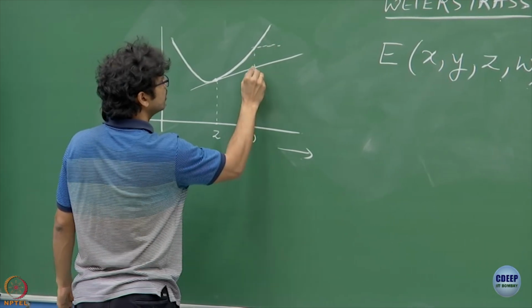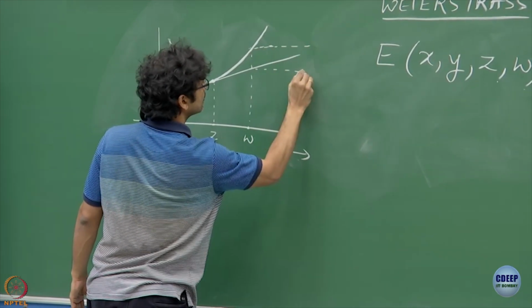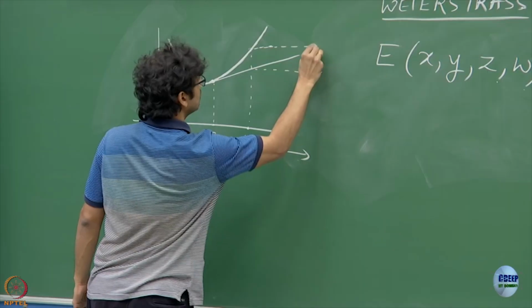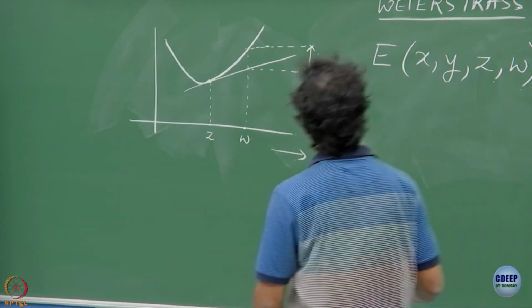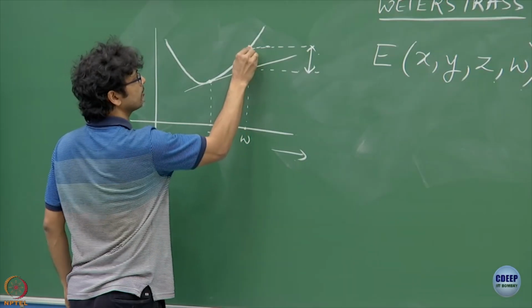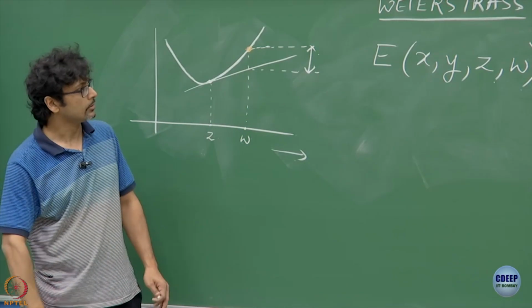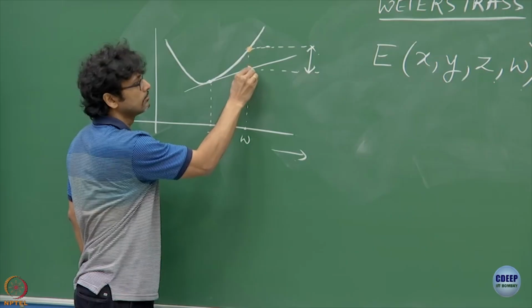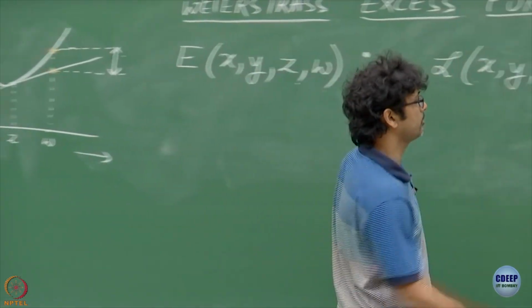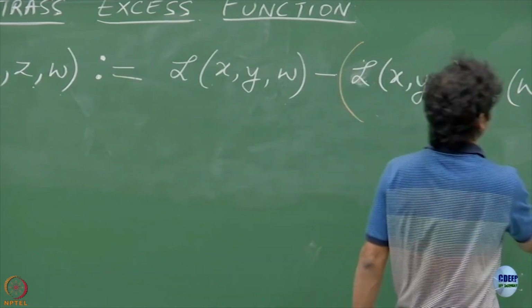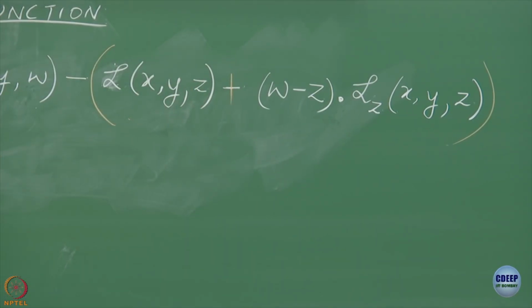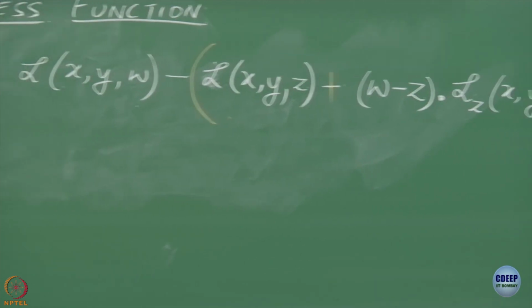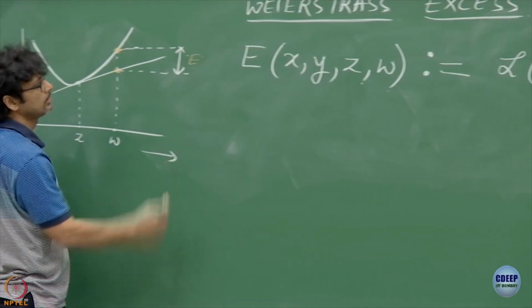The actual function would have taken you to this point over here, but this approximation is now taking you here. So this is actually the difference. This is the excess function.